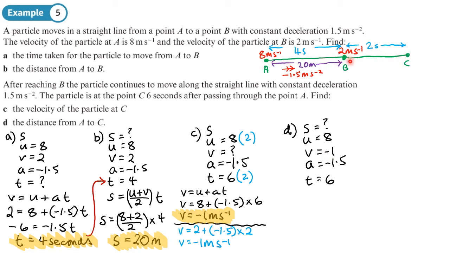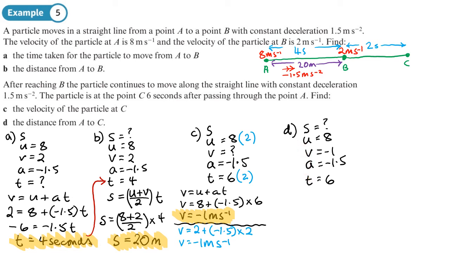It's no good having this here. I could actually find this distance between B and C and add it to 20. That's an option, but I'm going to find the distance from A to C, so I need a velocity at A and a velocity at C.